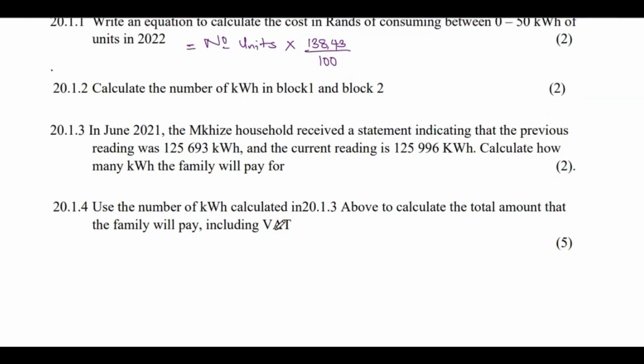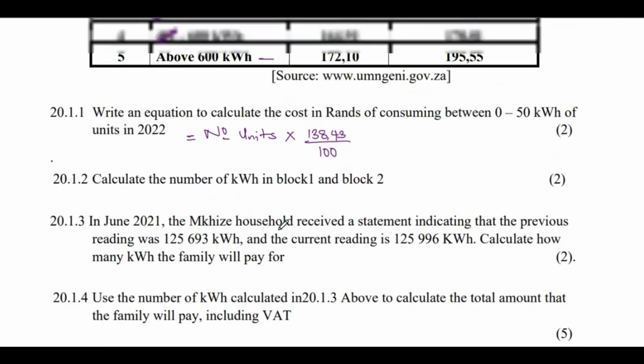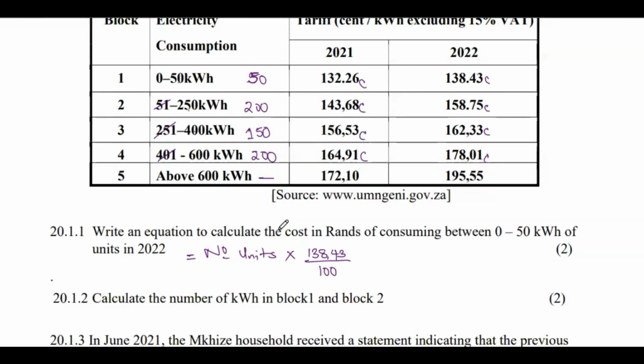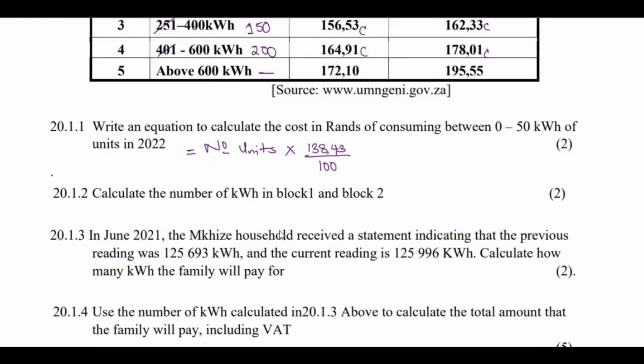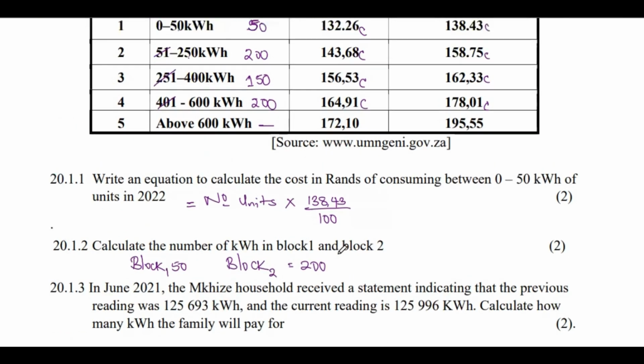Calculate the number of kilowatts in block 1 and block 2. Now, this is straightforward. Block 1, we said it's 50. Block 2 is 200. So you can separate them. Block 1, 50 units. Block 2, 200. You don't need to calculate, we calculated already in the table there.